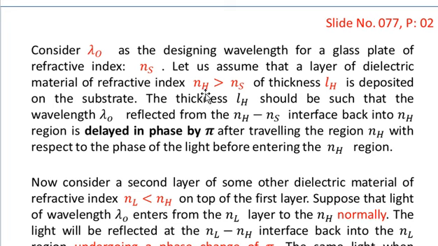The thickness of the NH material has been shown to be small l with a subscript capital H, that is LH, the thickness of the material having refractive index NH. The thickness of the NS material is not important. Similarly, we have shown an indefinite thickness of the NL material, because here the thickness of the NL material is also not important.